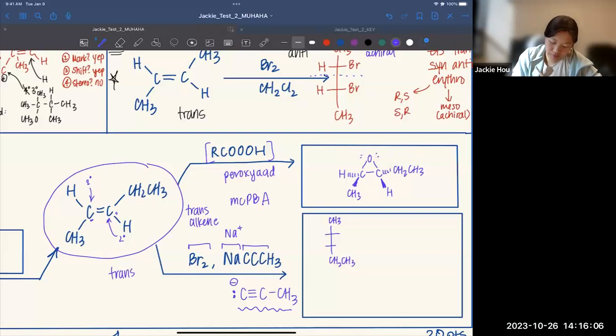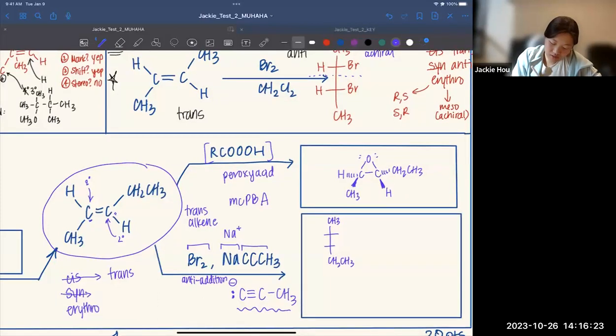So if I go by my little rhyme, cis and erythro, I know that if I change one of them to trans, and I know that this is an anti-addition because I have a Br2 that's adding, I'm going to have the erythro version of the compound. So that just means that my hydrogens are going to stay on the same side, and then one of them is going to be a bromine, and then one of them is going to be my nucleophile.